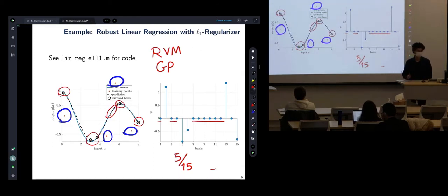Yes? I have a question for the outliers. It's not generated from the baseline. We add the outliers. In this case, I added the outliers. But in reality, outliers exist because your sensor, for example, gives you outliers.